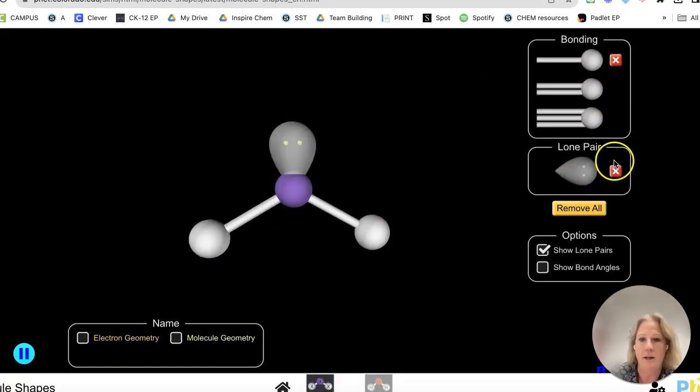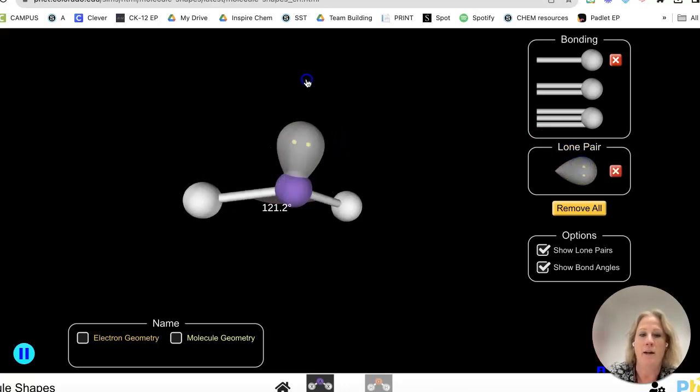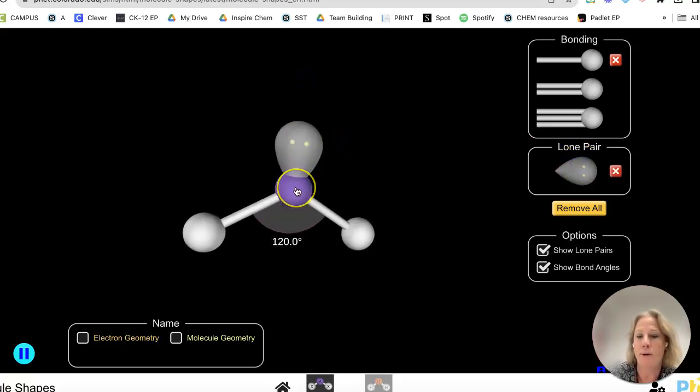So here, the sticks themselves are representing a single covalent bond, so electrons, and they repel each other. So they're going to get away from each other and spread out into a 180-degree angle. If I add a lone pair, there's electrons on the central purple atom. They're not bonded.